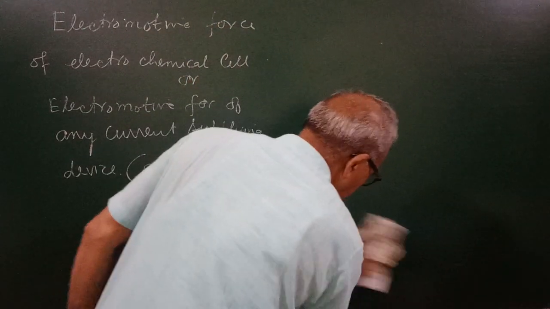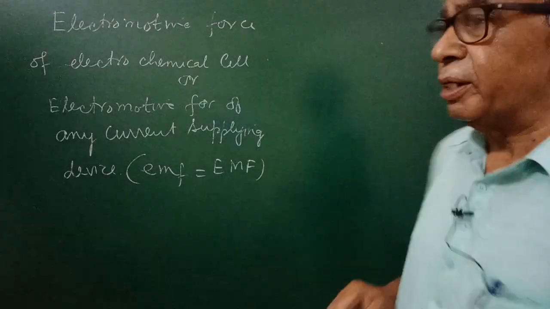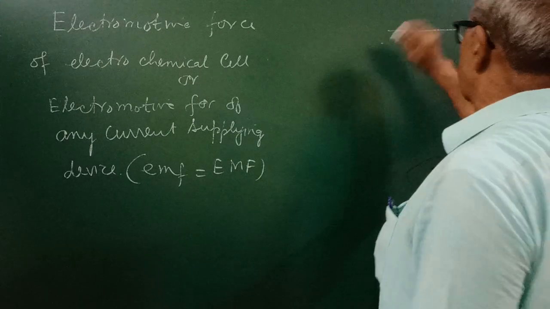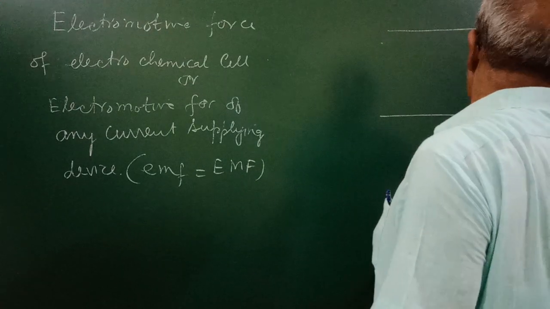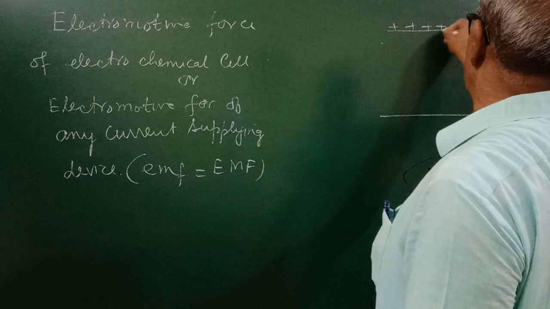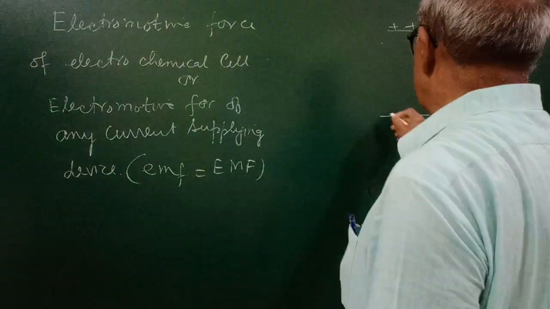Why is the work done? Now I give one example here, then I will give the definition. Suppose there is plate A, a metal plate, or anything which has some positive charge distributed, and here is negative charge.